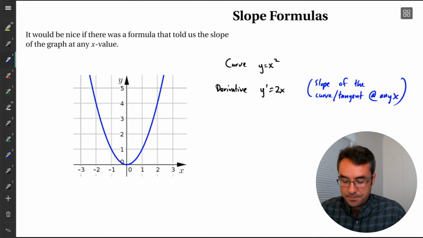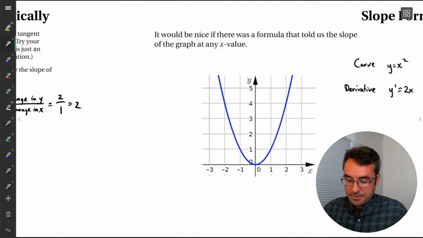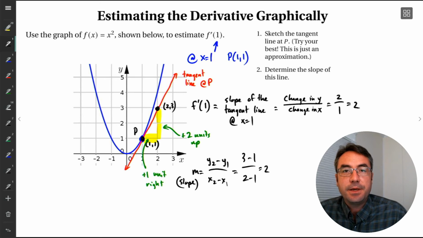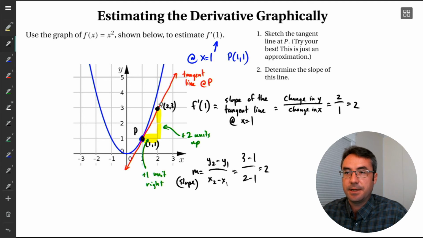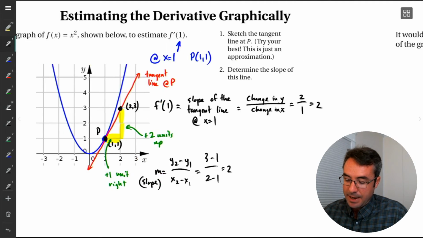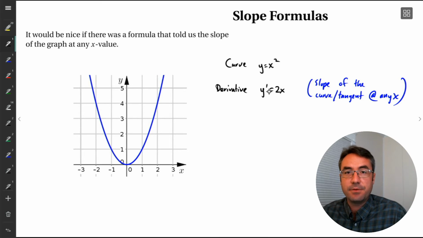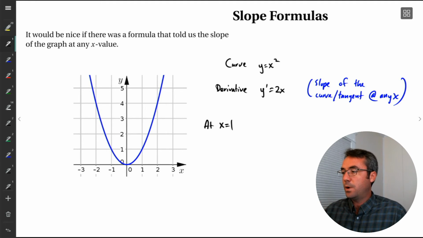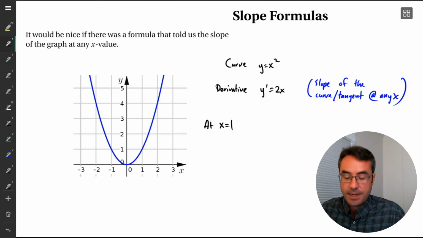So what did we do? Well, over here, we graphically estimated the value of our derivative by drawing in the tangent line. But if we had this formula of the derivative, y prime equal to 2x, what we could have done instead is, at x equals 1, what is the slope of our tangent line?